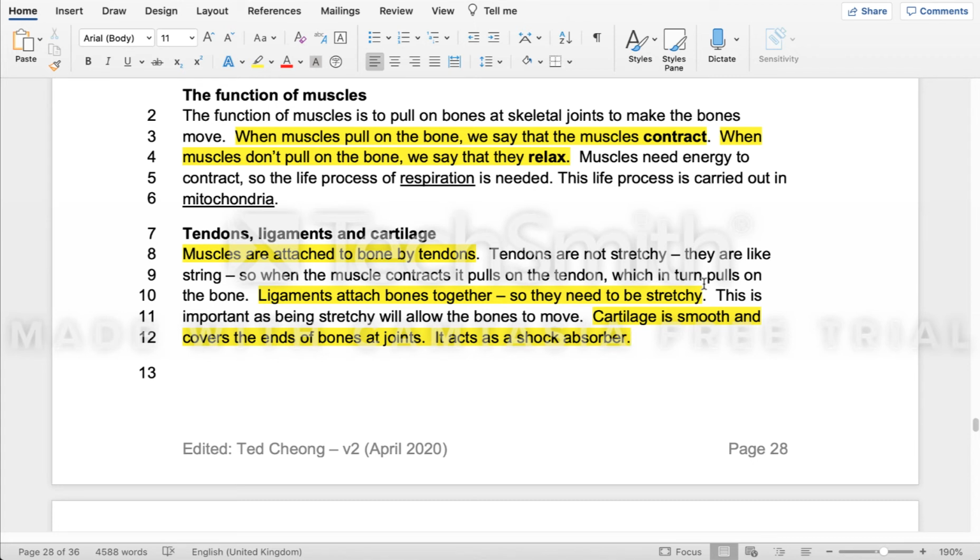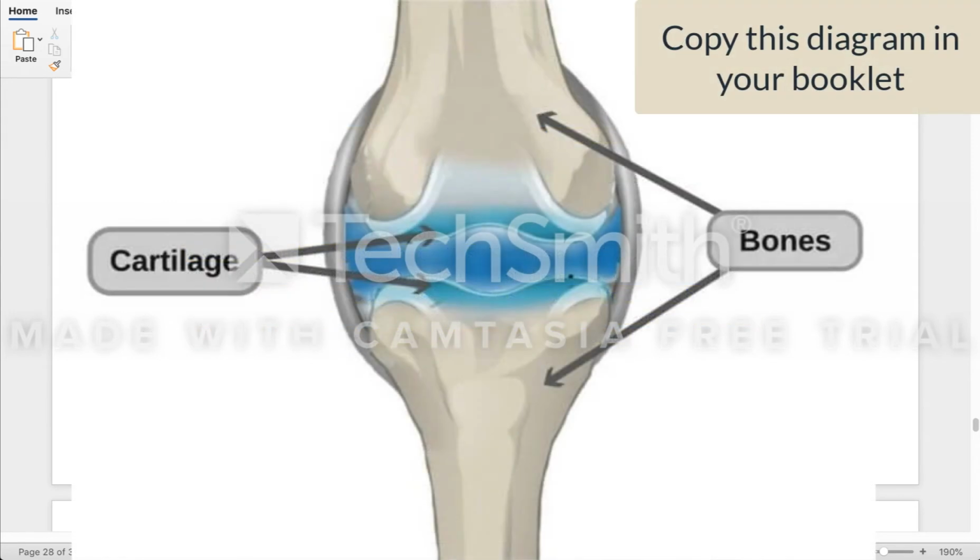If I was to cut open my leg right now, at my knee joint, I would notice that there's actually cartilage at the end of my bone. So at the end of my femur and at the ends of my tibia and fibula, where the three of them meet at that joint, there's going to be cartilage.